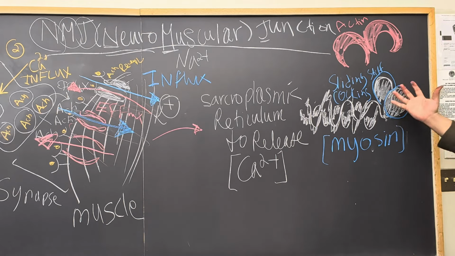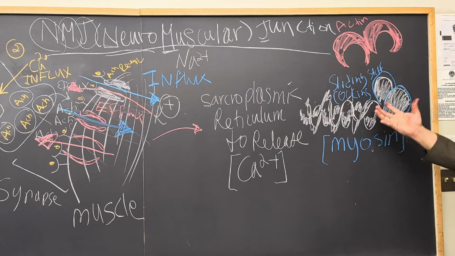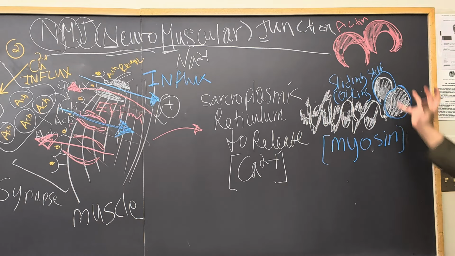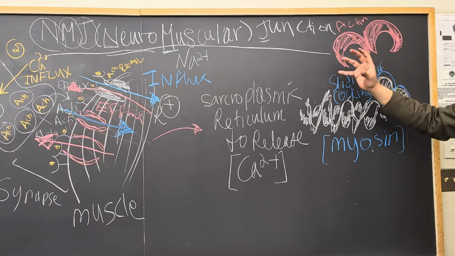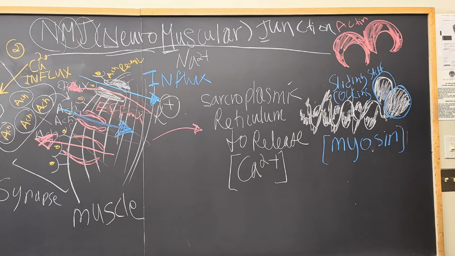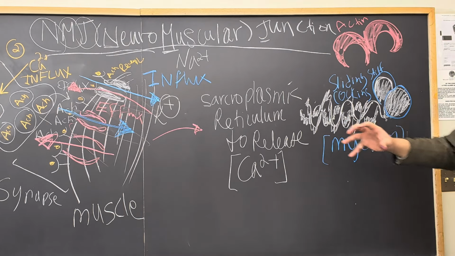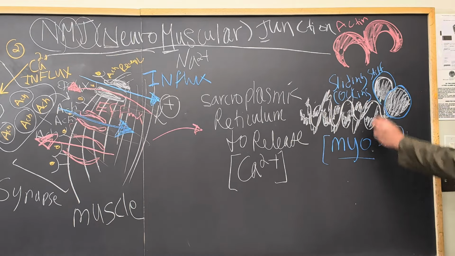The entry of the myosin golf heads in the pockets of the actin and the contraction happens when myosin is inside here.